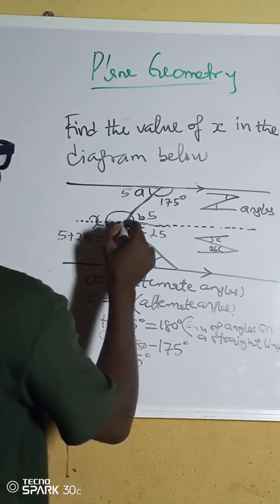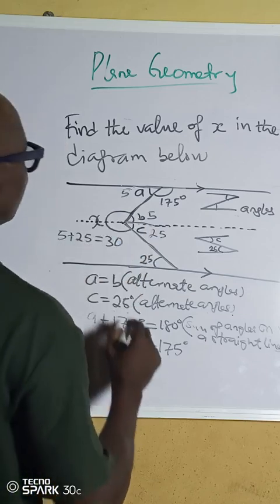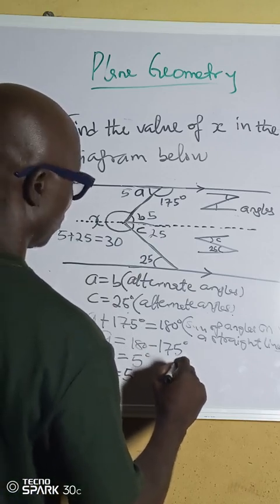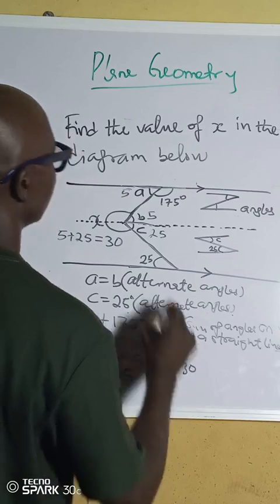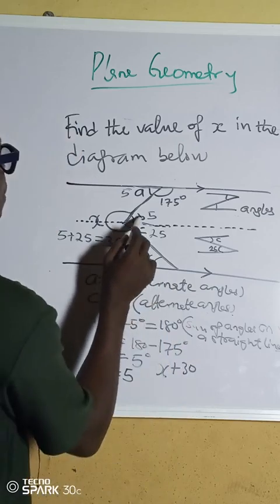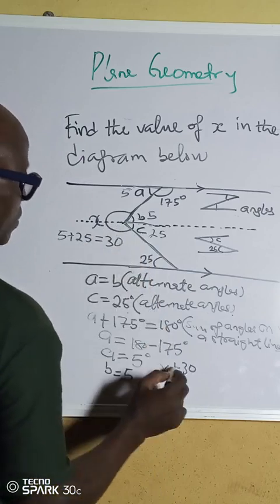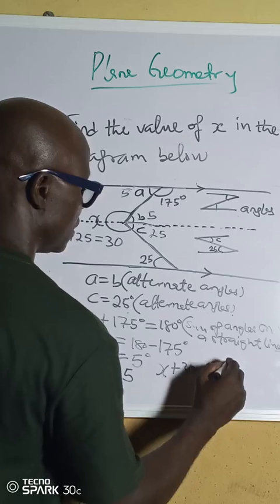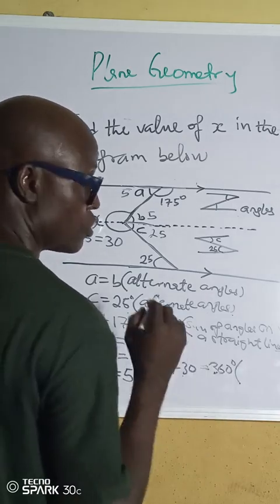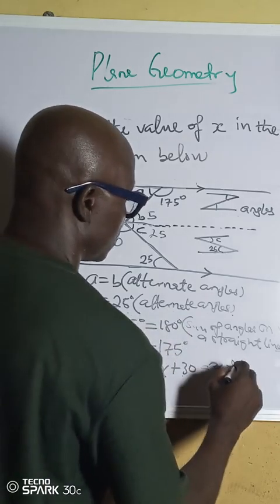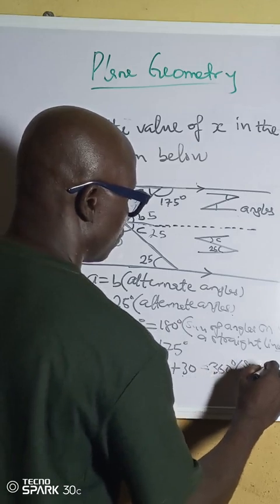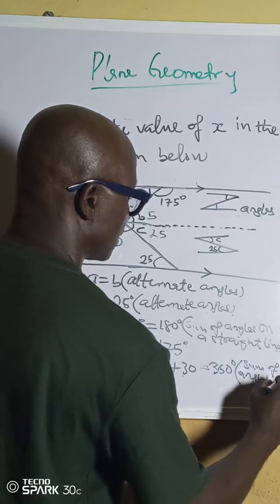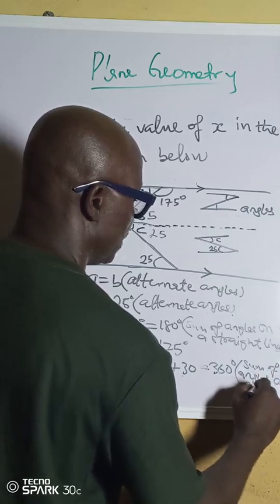Don't forget, we now have x plus 30. I've added B and C together to give 30, equal to 360 degrees. Why? Sum of angles at a point.